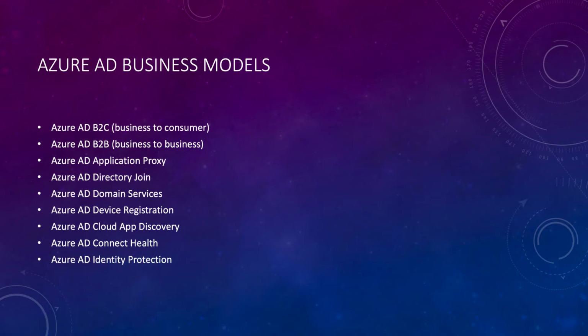And Azure AD Identity Protection. The Azure AD Identity Protection is a security service that enables you to gain insight into potential security vulnerabilities affecting users in your organization, more specifically, their identities.